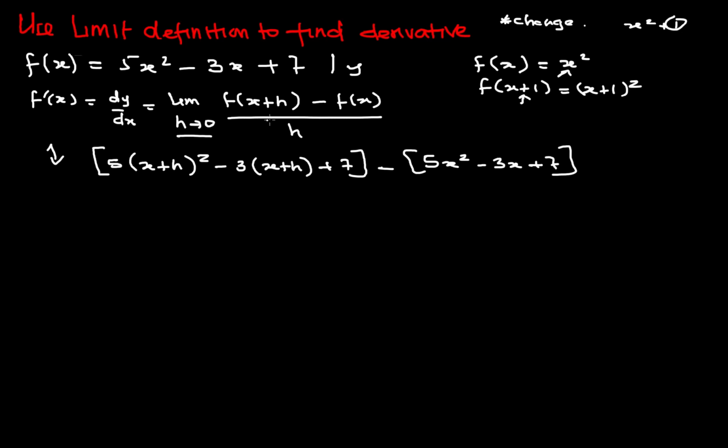Now we said that we're dividing by h. I won't put it under this, but I'll introduce new brackets and then put division by h here, because we need space and it won't be enough if I keep putting a big line divided by h. All right, so this is the most important step when you're dealing with limit definitions. So we're going to do our expansion and we include our brackets.